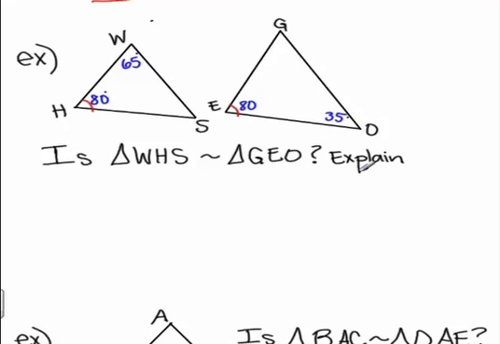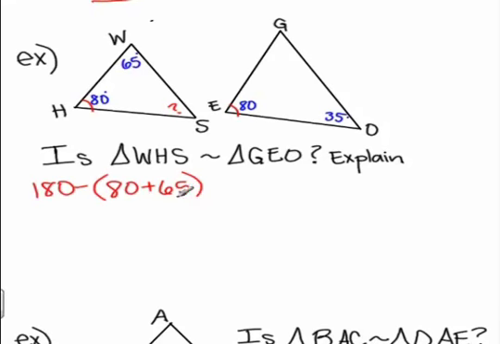What I do know is how to find a missing angle of a triangle. How do we do that? You're right. Let's take the two angles that we have, 80 and 65. Let's add those together, take that quantity and subtract it from 180, and let's see what we get.